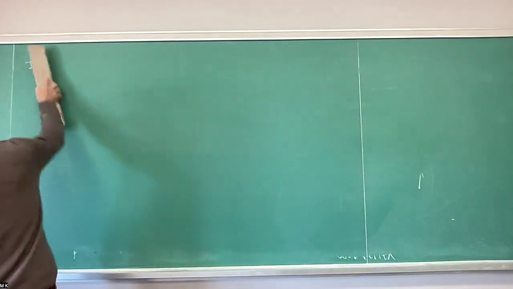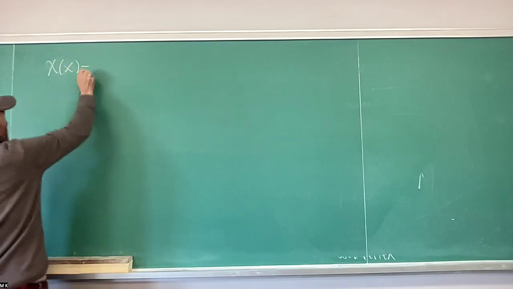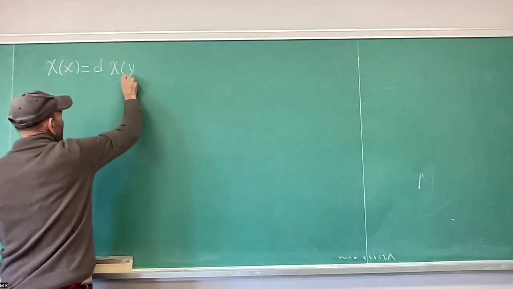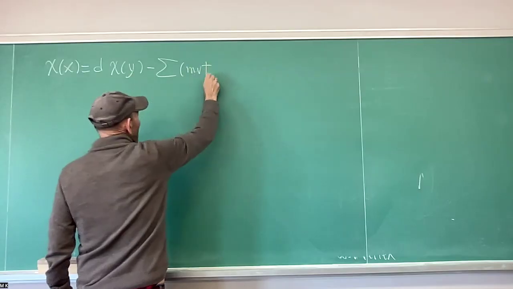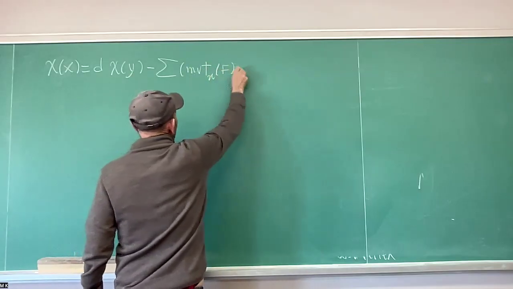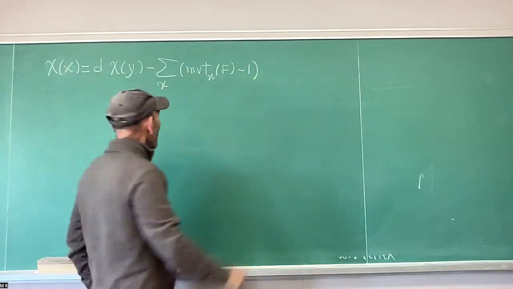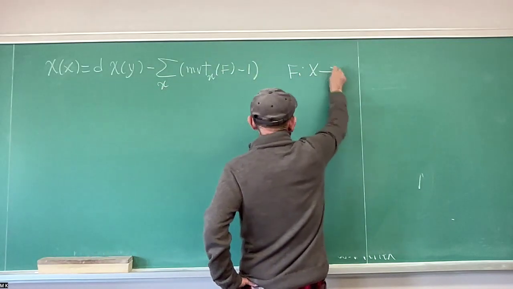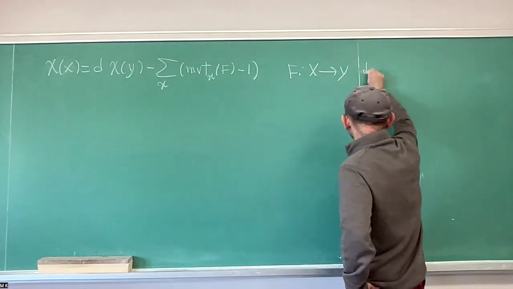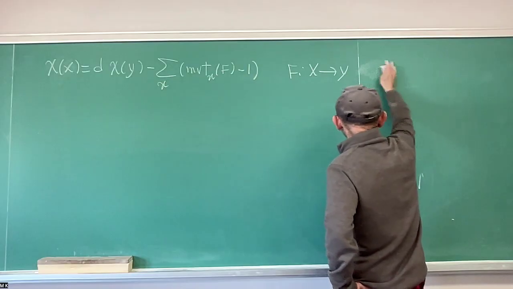Remember, Riemann-Hurwitz was like this: chi of X is equal to d times chi of Y minus some multiplicities at x of f minus 1, over x in X. Here f from X to Y is a degree d covering. Oh, no, I mean, this is degree d, sorry.